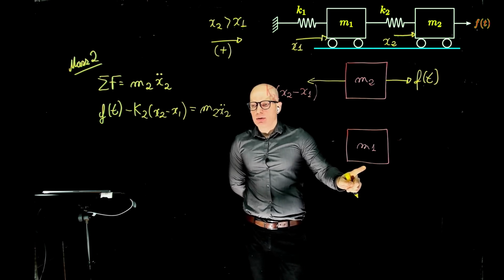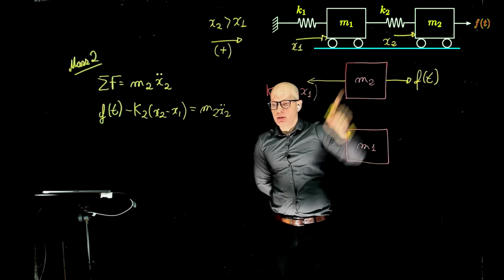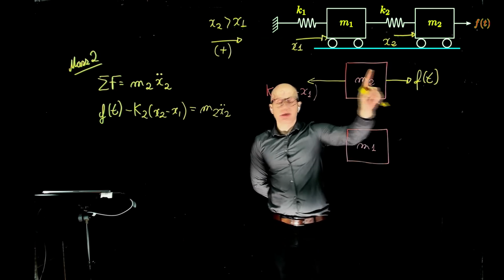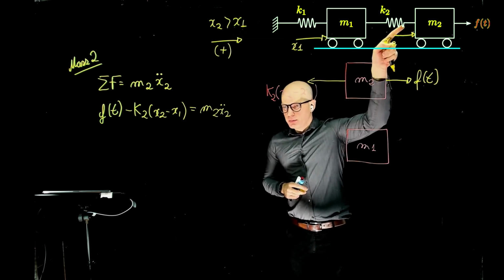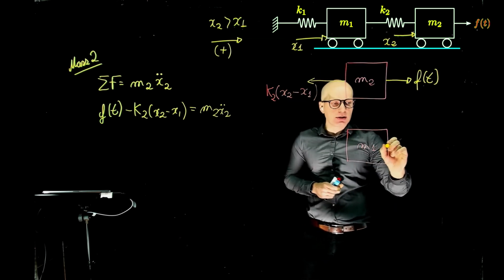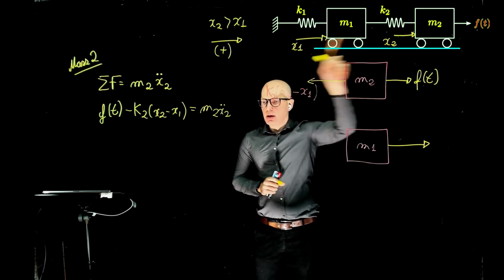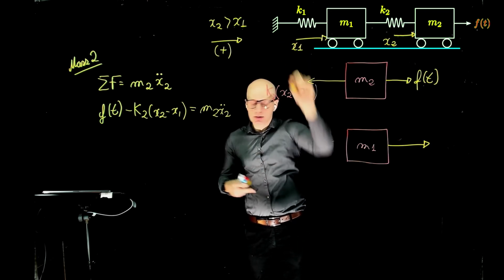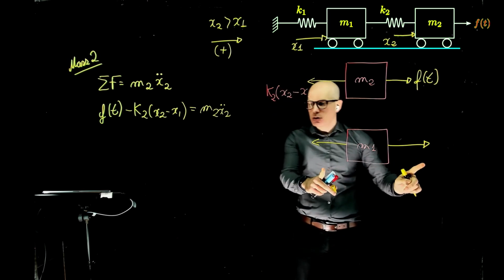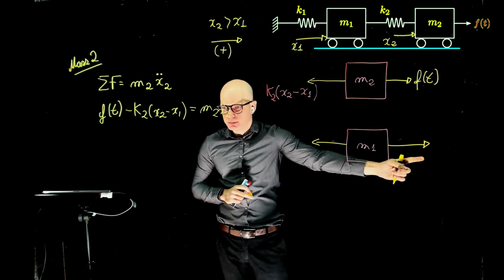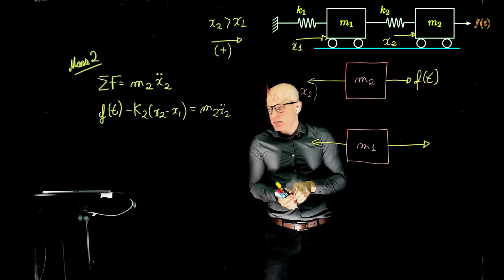What is acting on mass m1? We have the same force from this spring, but now it's going in the opposite direction. If mass 2 moves to the right, it is pulling on mass m1 to the right. If mass 1 moves to the right, then this spring is holding the mass and will apply force to the left. What are the magnitudes here? K2 times (x2 minus x1), exactly the same as above, right?